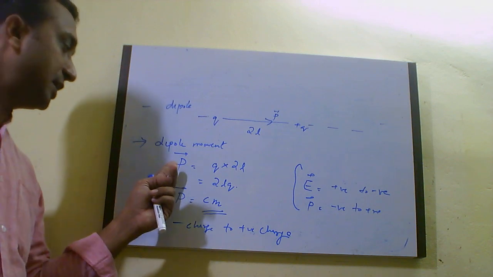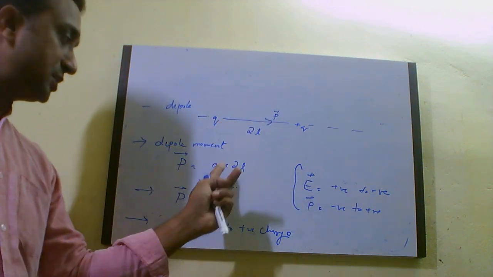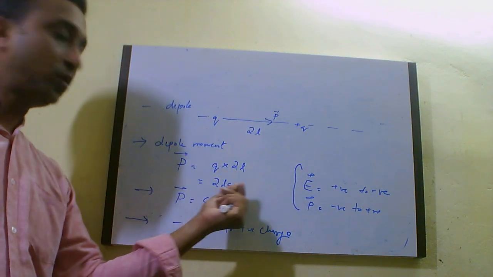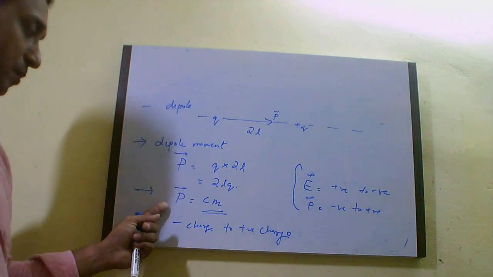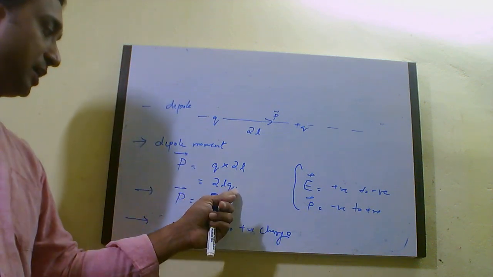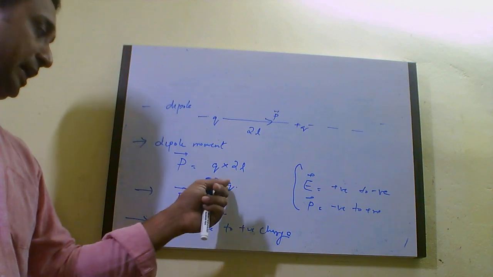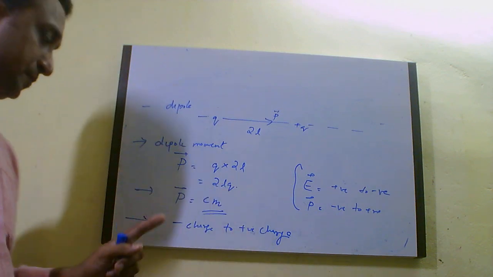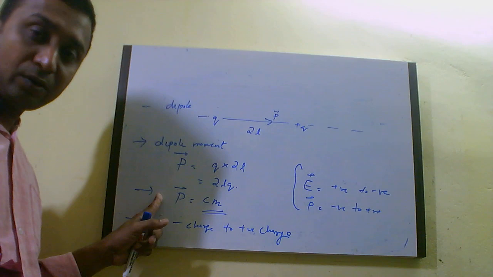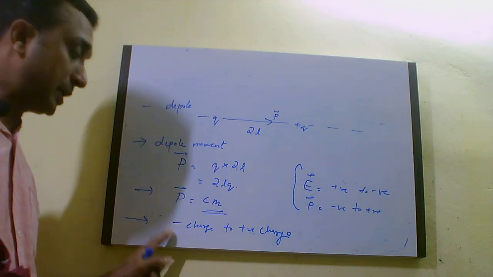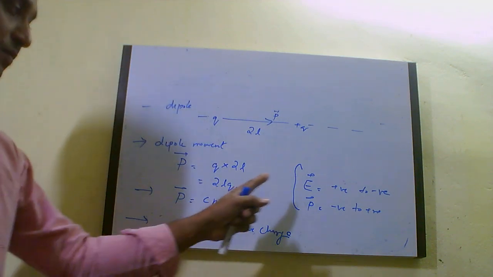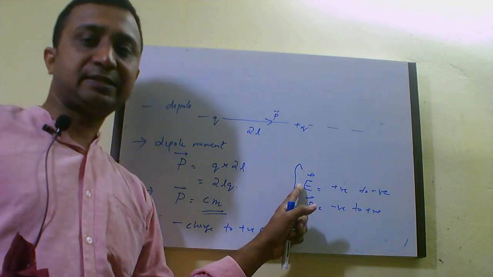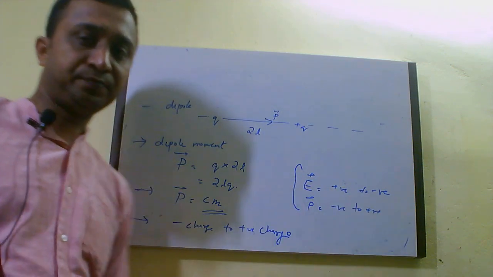It is denoted by the letter P, which is equal to any one of the charge multiplied by the length, so 2 into L into Q. Dipole moment's unit is coulomb meter, and being a vector quantity it has got a direction. It is from the negative charge to the positive charge. We already discussed electric field intensity's direction is from the positive to the negative.